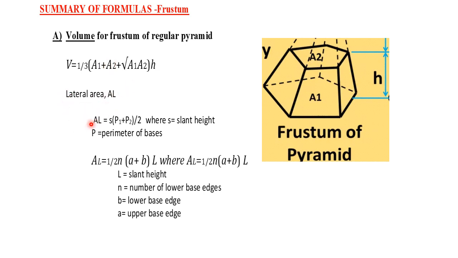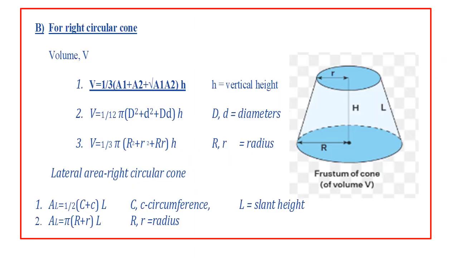And the lateral area equals 1/2 times P1 plus P2 times L, where L is the slant height, and N is the number of the lower bases.